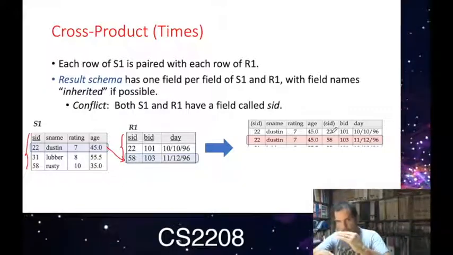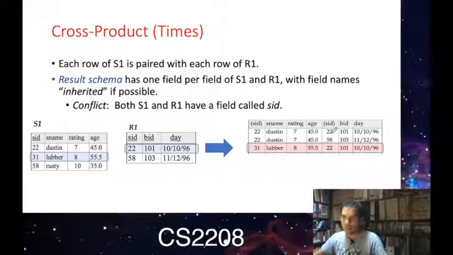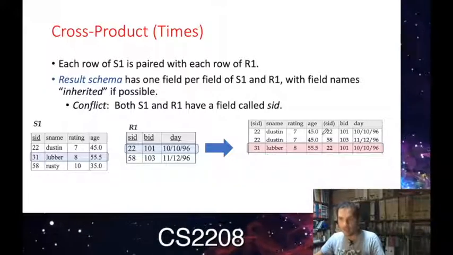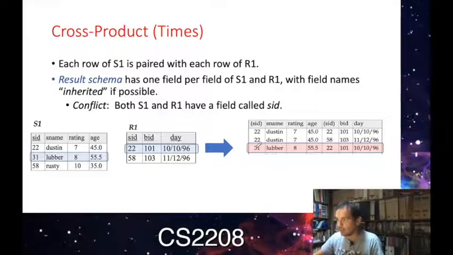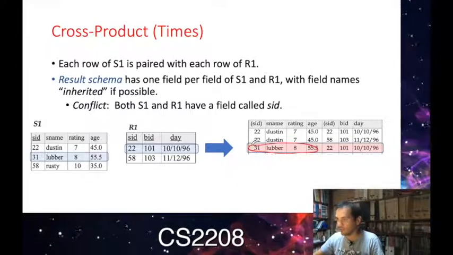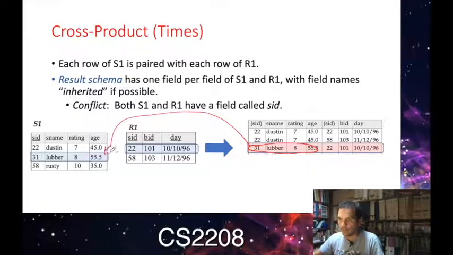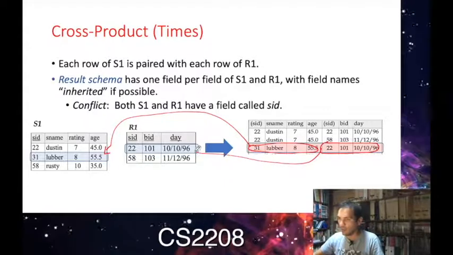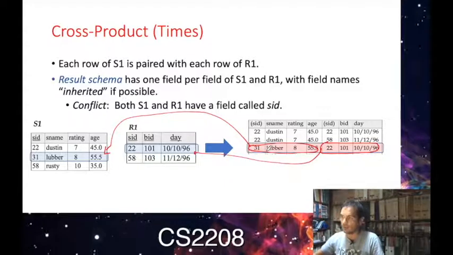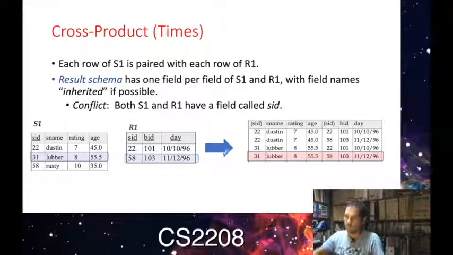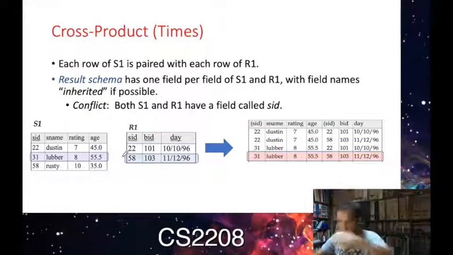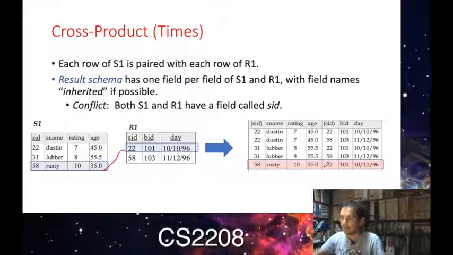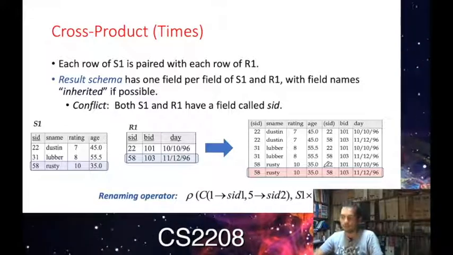Now we continue with the second element of the first relation, and we combine all the possible combinations. So now we get 31, which corresponds to the first table, and the second portion again corresponds to the first part of the second table, and then the second one, and so on and so forth. We keep going until we finish.